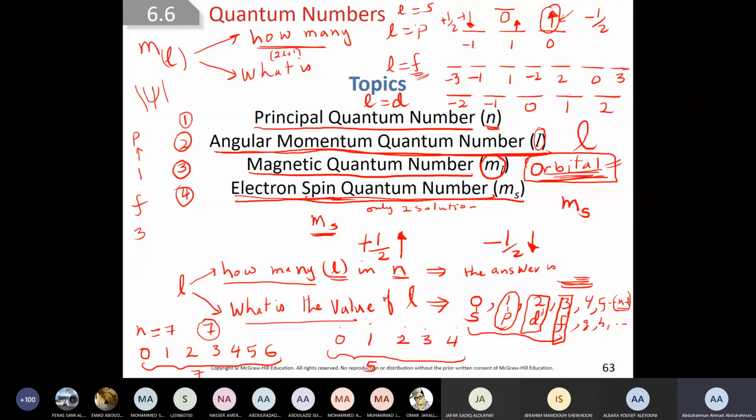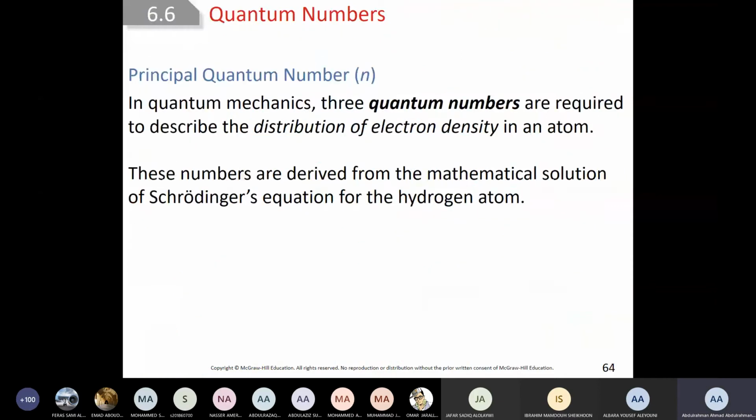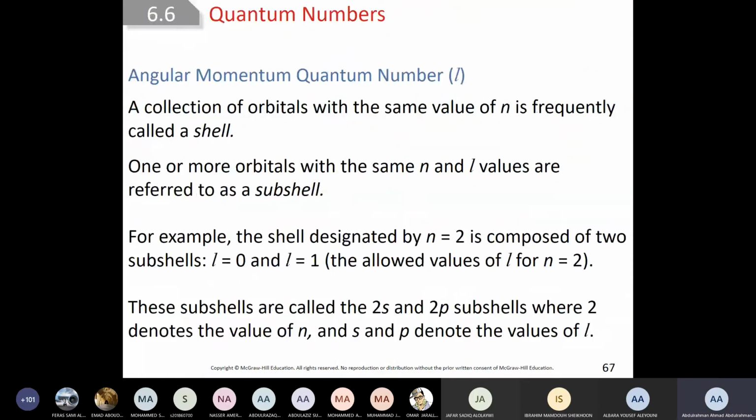Can I say it's okay to have plus half? No, it must be minus half, similar to the other one, because I already decided that up is minus half. Is this clear? With this, we start building the electronic structure.